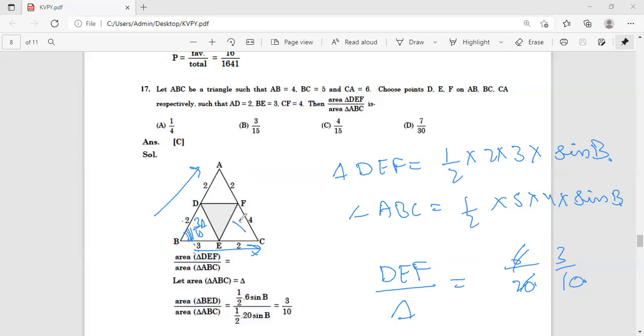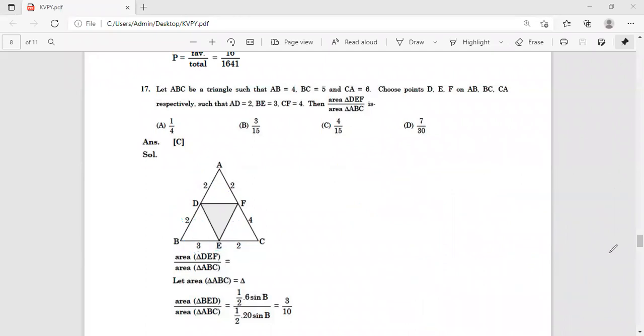Similarly, you can find this. Not DEF, this is DEB. Sorry. DEB area, half into 2 into 3 sine B. You can find these things. Okay, so I have done it here.